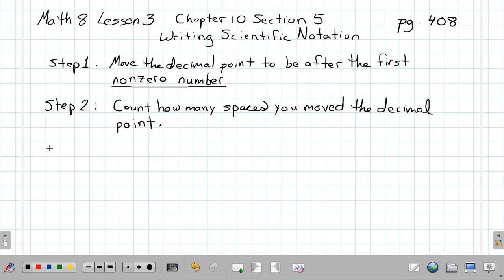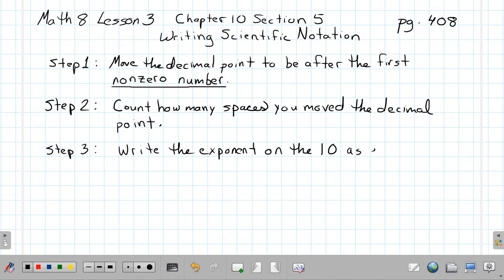And then lastly, step 3 is write the exponent on the 10 as either a positive or negative.